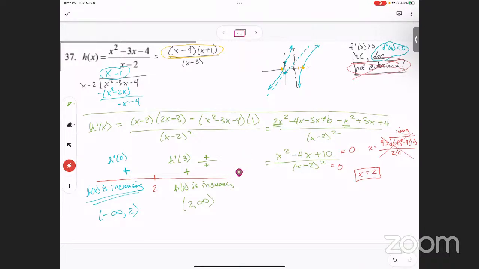But I realized it wasn't factorable, so after that I tried to use the quadratic formula and it didn't work. Well, the quadratic formula would give you an imaginary number, which basically means that there are no real solutions for that. So you don't have to worry about the numerator for these extrema. Yeah, that's what that means.